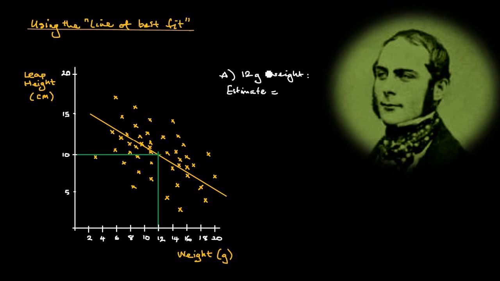So our answer to this problem is that a 12-gram frog, a frog that weighs 12 grams, we can estimate will leap 10 centimeters. Now, of course, the frog might leap higher than 10 centimeters or lower than 10 centimeters, but this is the best estimate, and so it's the estimate against the line of best fit that they're asking us to find.